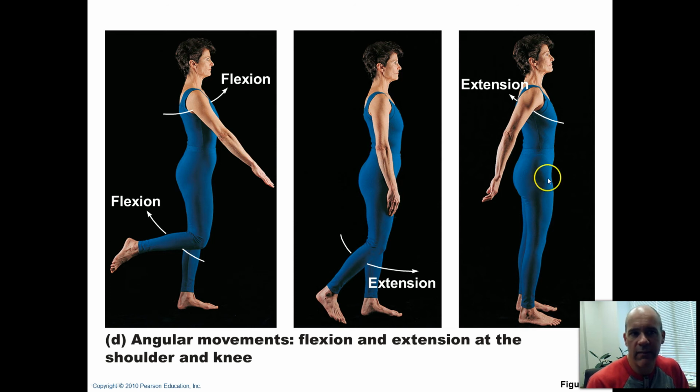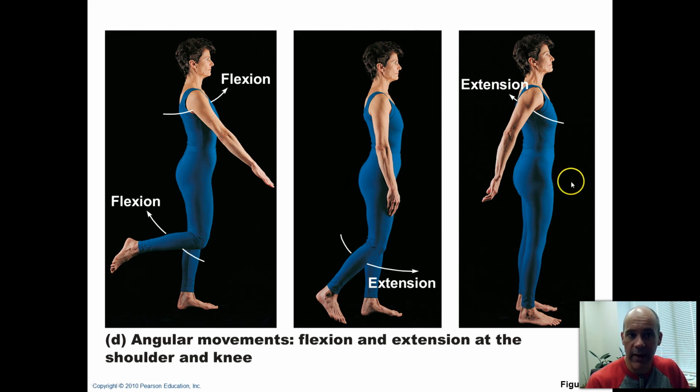What about the hip joint, where you've got that ball and socket between the ball on the femur and the acetabulum on the os coxa on each side? What's going on there? So if you think about it, flexion of the hip will be raising your thigh upward like this towards the torso. That's flexion of the hip.